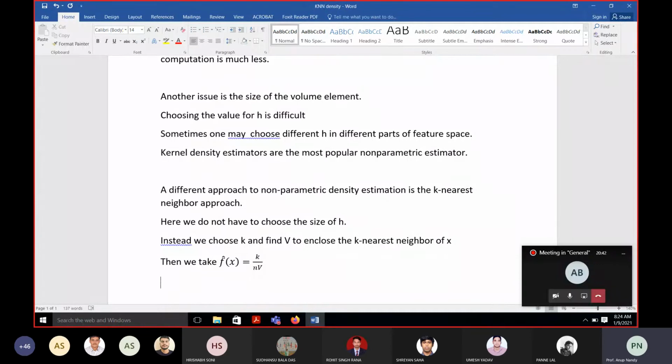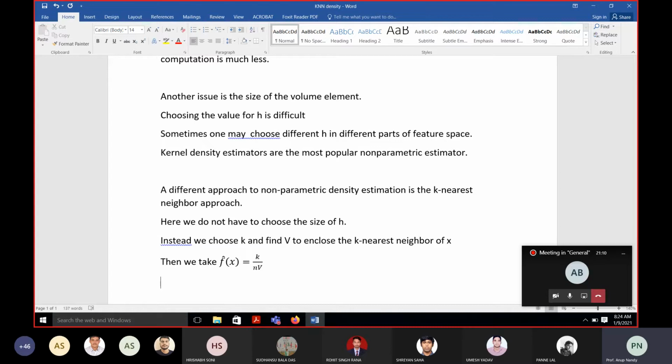F at X is equal to K by NV, and you have to draw a hypersphere. In order to include the kth nearest neighbor, you just draw a hypersphere to include the K nearest neighbors.